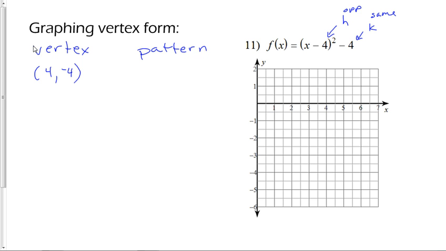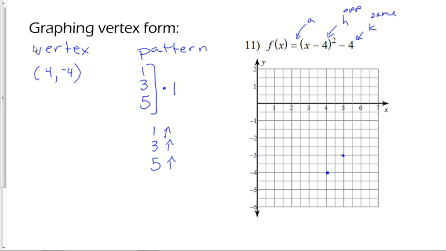We take the same pattern. Let's plot the vertex. (4, negative 4) is right here. And then the pattern, 1, 3, 5. We're going to multiply all of those times a, and a is in front of the parentheses. In this case, it's 1. So our new pattern is 1, 3, 5, which means we go up 1, up 3, up 5.